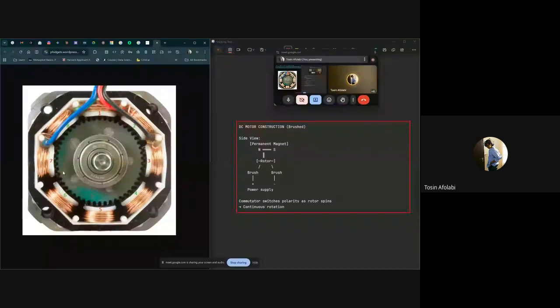This gear is what enables the rotation, because each coil controls something different. These two coils right here can control it to move 90 degrees, 90 degrees, 90 degrees, 90 degrees, as we've explained.